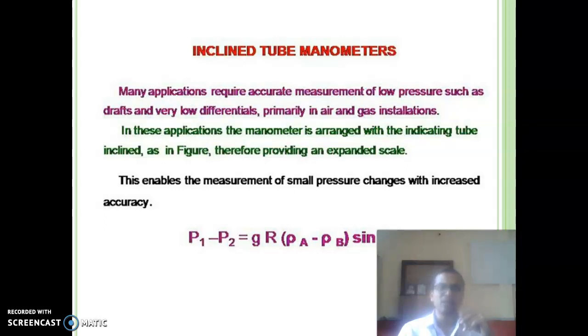Many applications require accurate measurement of low pressure, such as drafts and very low differentials, primarily in air and gas installations. So again, when we have to measure the pressure difference at a very low level.